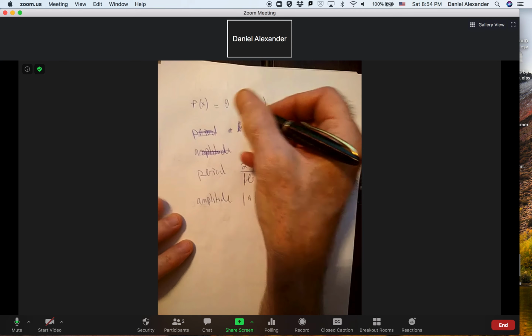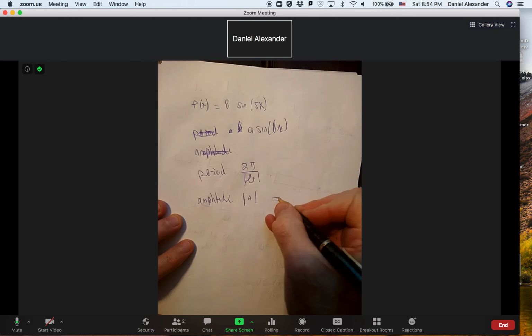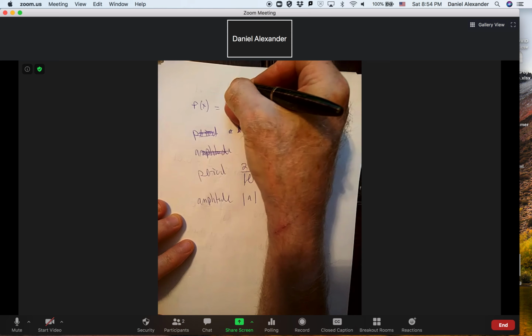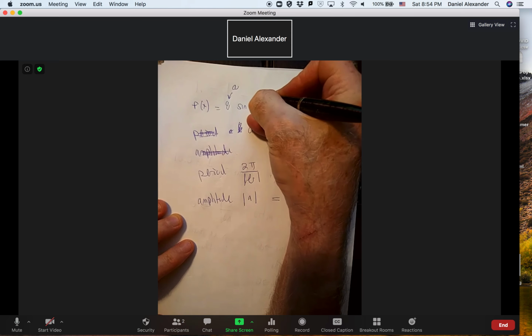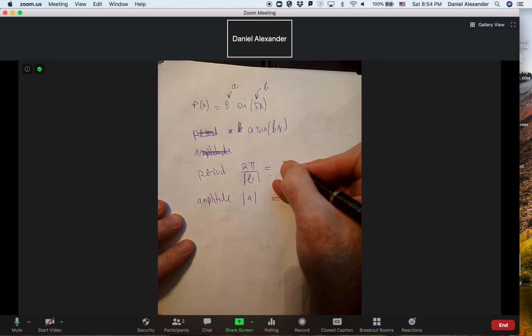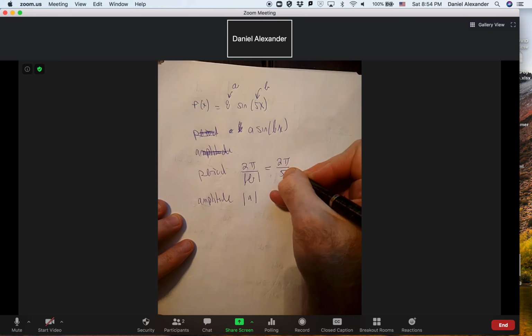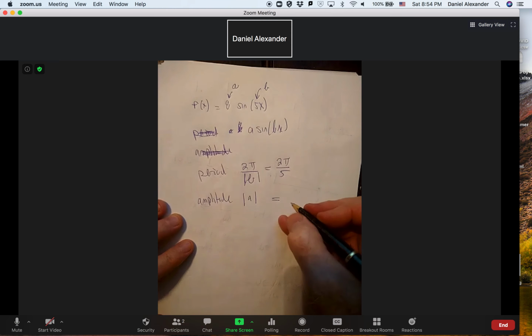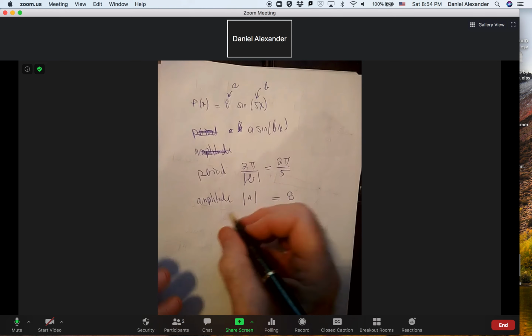So if we look here, that's my a, that's my b. So the period is going to be 2 pi over 5, and the amplitude is 8.